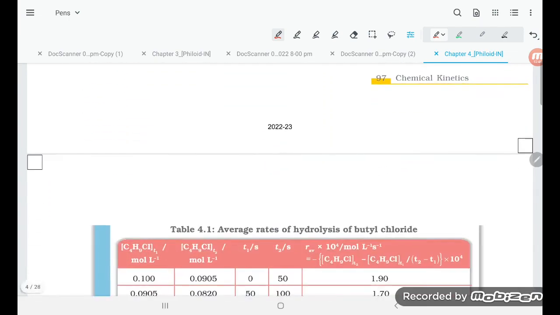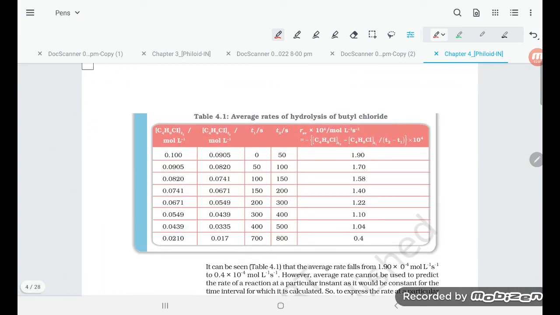Okay, so let's try to understand point number 1. The concentration is 0.1 at time 0, and that is the concentration at T2, meaning at 50, how much they have given? 0.0905.